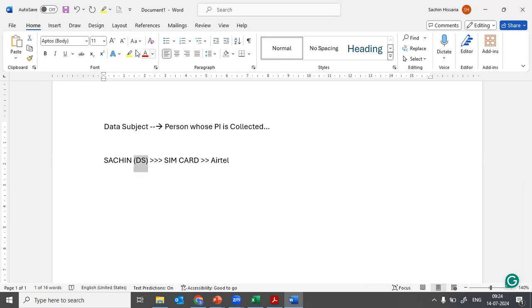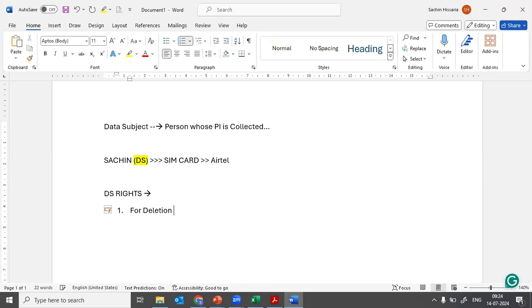So I am a data subject. In each privacy law, a regulator will define certain rights, that is, what kind of rights a data subject has. For example, in GDPR, there is one right that the data subject can ask for deletion of their data.